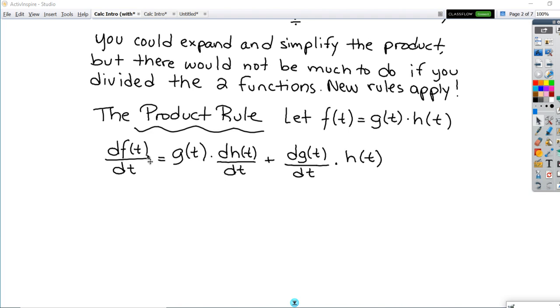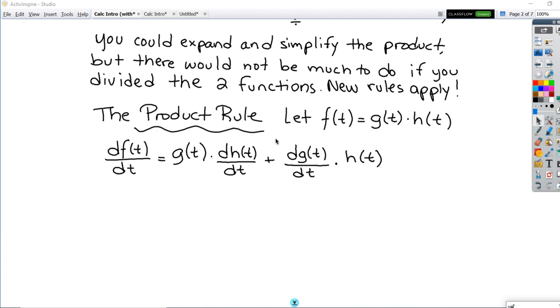This is the product rule. The product rule says that if you want to find the derivative of f, which again is a product of these two functions, take the first function, multiply it by the derivative of the second function, and then add the derivative of the first function times the second function.